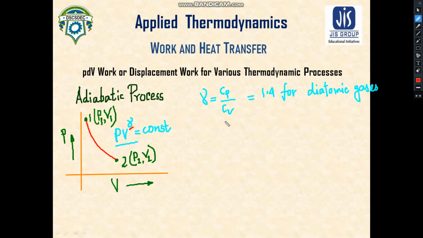Just know this fact: the amount of heat required to increase the temperature by 1 degree Celsius for 1 kg of fluid is called the specific heat. If this process is maintained at constant volume, it is treated as specific heat at constant volume.